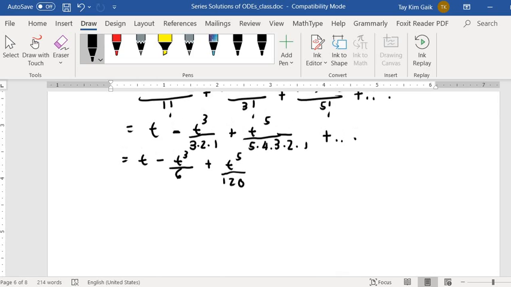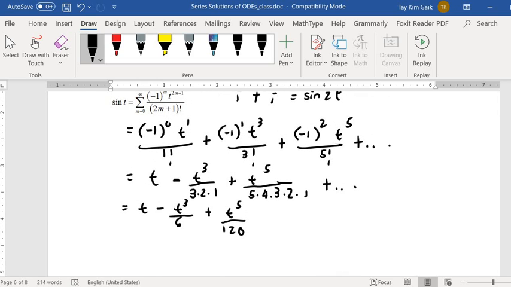Okay, now you have sin 2t, the right hand side is sin 2t. Then t here we replace by 2t. So this is 2t minus (2t) cubed divided by 6 plus (2t) power 5 divided by 120.